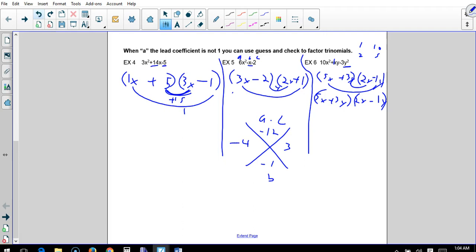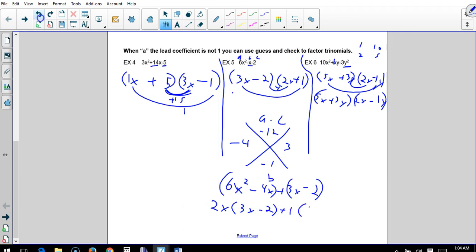Now I'm just going to rewrite. I'm going to go backwards through foiling. I'm going to rewrite the original equation: 6x squared. But instead of writing negative x, I'm going to write negative 4x plus 3x minus 2. And now I'm going to group them in pairs and see what I can take out. Well, the first one I can take out 2x, and that gives me 3x minus 2.